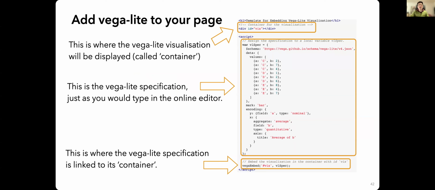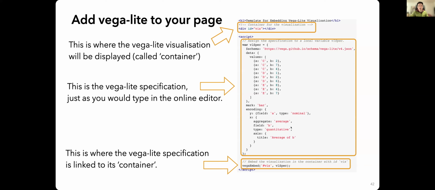And then in the actual visualization, I'm not sure if it's visible, you need to define an element, in this case called div, with the ID called viz. This is where the visualization will be bound to or displayed. This part is very similar to what you wrote in the online editor.